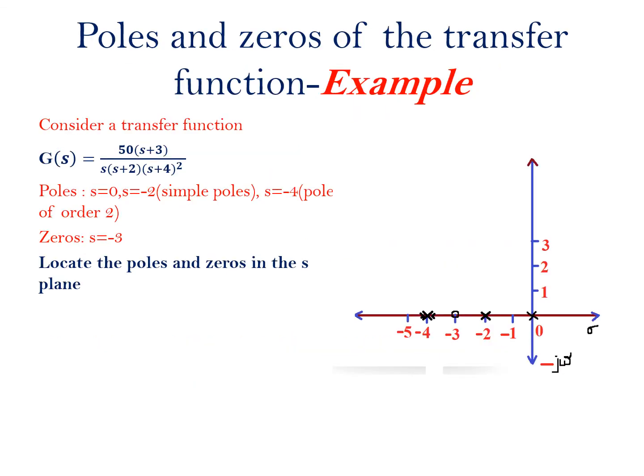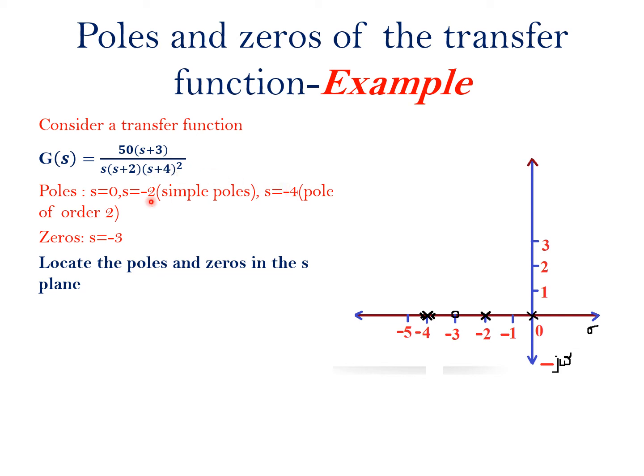Next, I am going to explain poles and zeros of the transfer function for an example problem. Consider the transfer function G(s) = 50(s + 3) divided by s(s + 2)(s + 4)^2. Numerator equal to 0 gives the zeros, and denominator equal to 0 gives the poles.